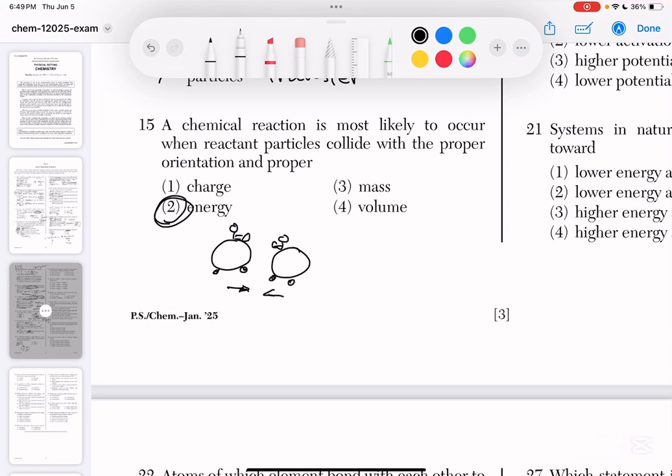Because that makes you get bounced off and then go in the opposite direction. So, yeah. That's that.